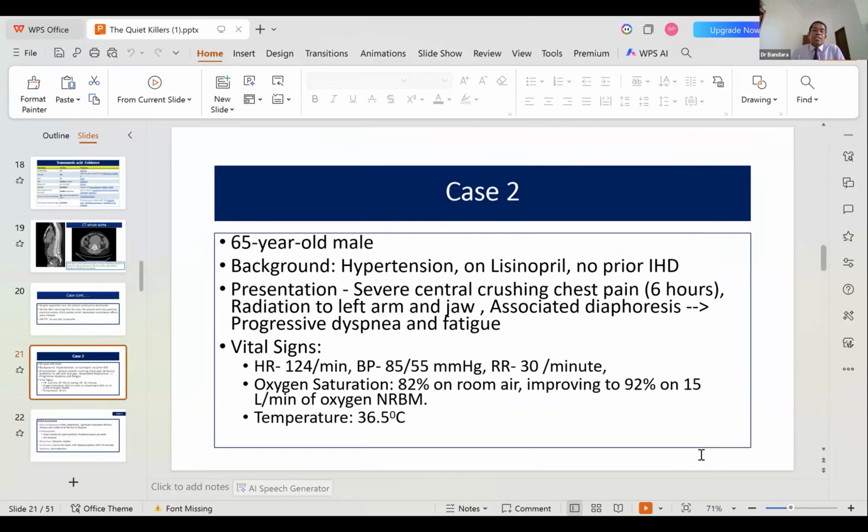So, second patient, a 65-year-old male who is known to have hypertension on lisinopril, but does not have any previous heart disease. He came with severe central chest pain 6 hours ago, associated with excessive sweating and dyspnea. His vitals are heart rate of 124, low blood pressure of 85 over 55, tachycardic, oxygen saturation on room air is 82, improved to 92 on 15 liters of oxygen.